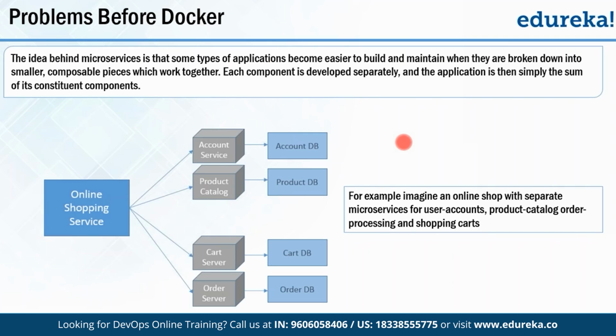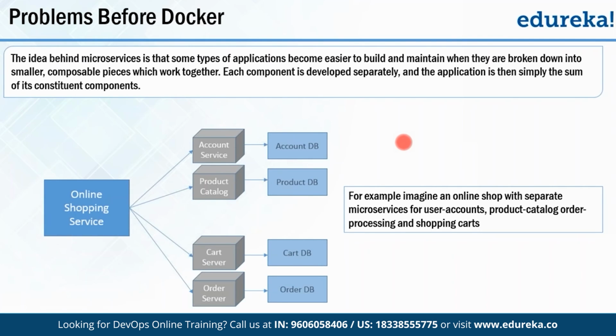Second reason is, suppose I want to update a particular software or I want a new technology stack in one of my modules or in one of my services, I can easily do that because the dependency concerns will be very less when compared to the application as a whole. Apart from that, the third reason is if any of my modules or any of my services goes down, then my whole application remains largely unaffected. So I hope we are clear with what microservices are and what their advantages are.